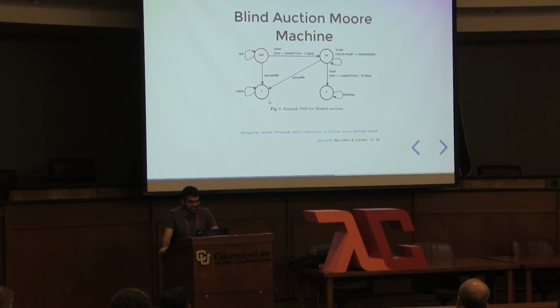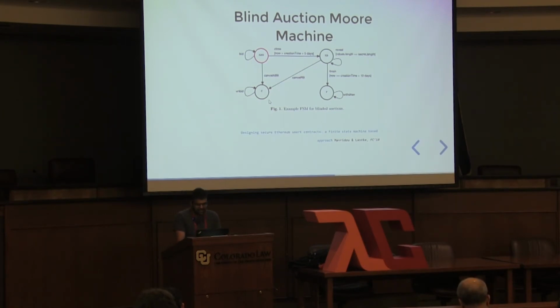And this Cofree comonad over this functor is actually a finite state machine, with transition types being the input type of your function functor, and the states being of type A, the actual data type of this Cofree comonad.